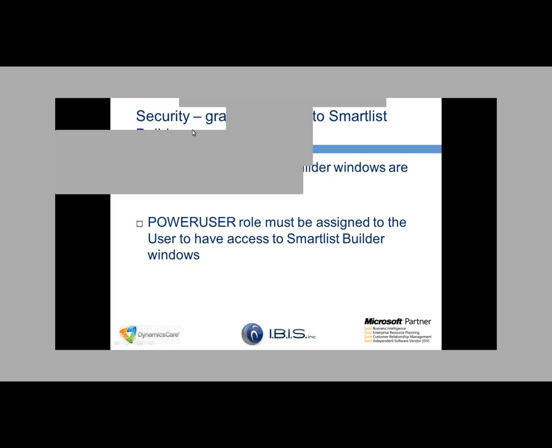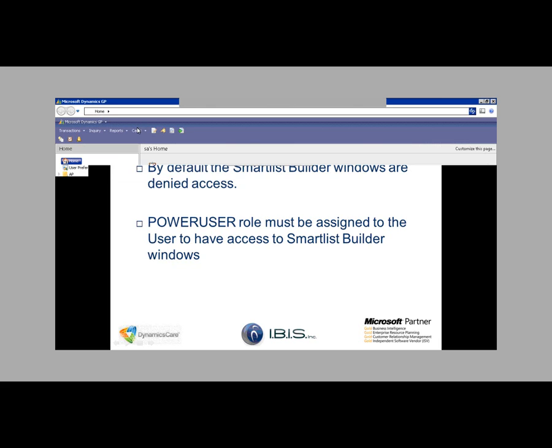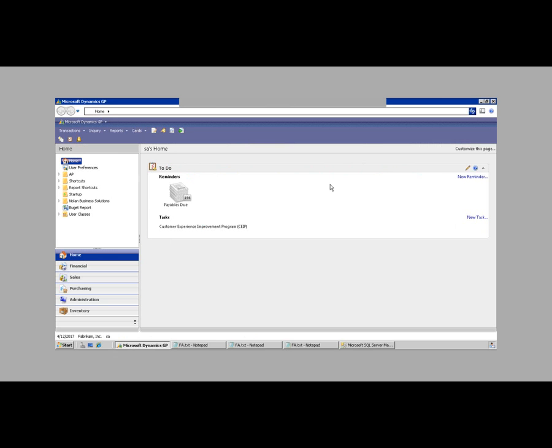Okay, so I'm going to go over to the virtual machine, and we're going to take a look at Dynamics GP security. First of all, we're actually going to create a role here.